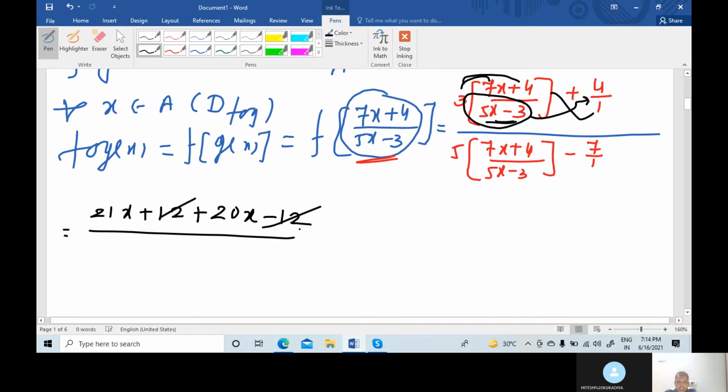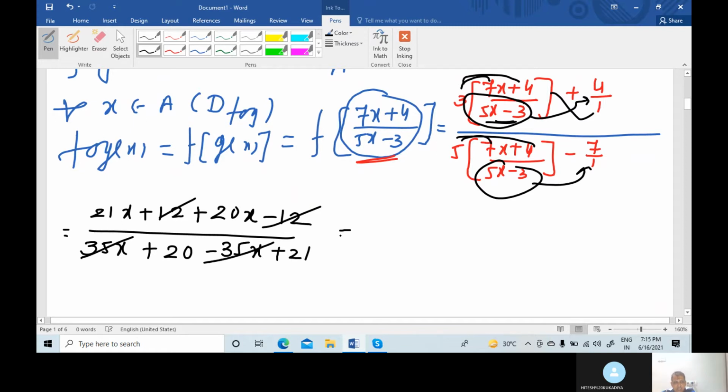Plus minus 12 will be cancelled here. Exactly the same calculation in the denominator. 5 7s are 35x, 5 4s are 20, and (5x - 3) multiplied by 7 minus 35x plus 21. In the denominator 35x cancels. 21 plus 20, so 41x.